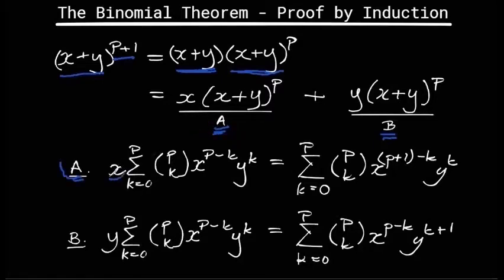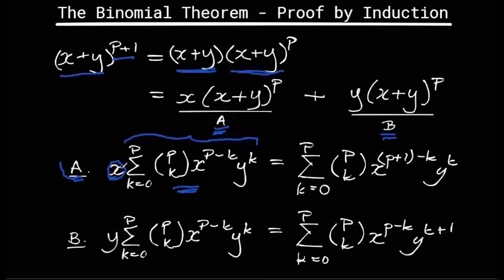There's my x, and I'm multiplying it by my expression for x plus y to the power of p, because everything from the sigma and beyond is the expression that we are using for x plus y all to the power of p.